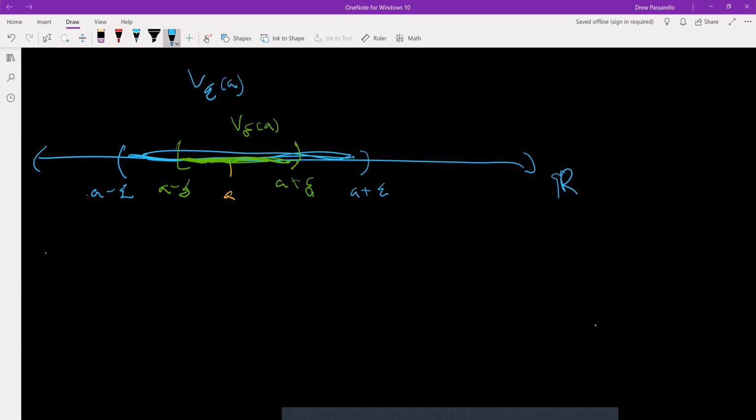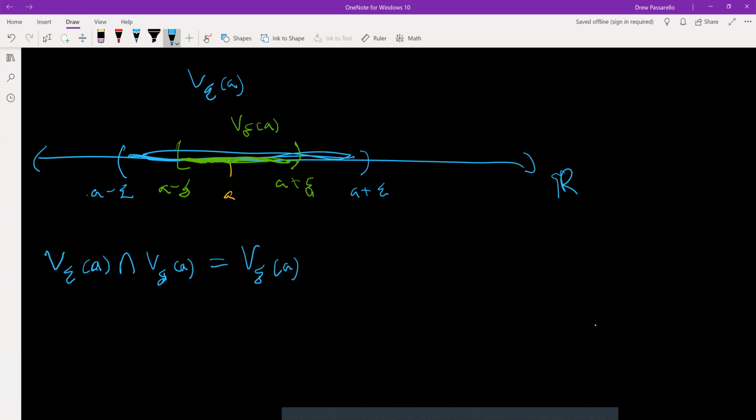All right, so first off, just discussing based on this picture, what is the intersection? If I intersect the epsilon neighborhood with the delta neighborhood, then what they have in common is the delta neighborhood. It's equal to the delta neighborhood around A, right?